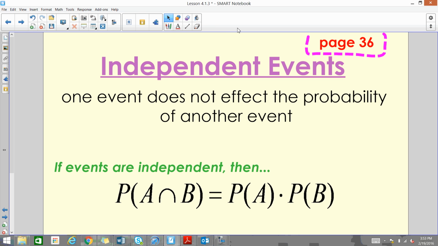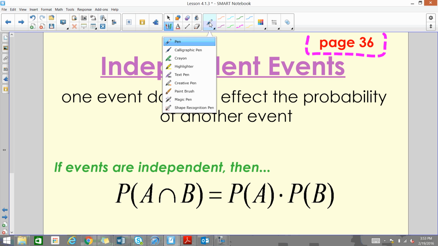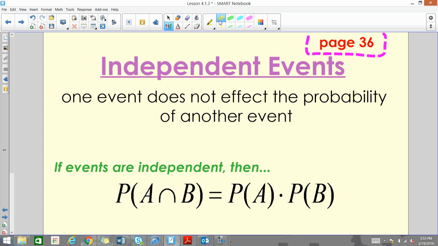Now, this formula right here, this is another formula that's going to be very important here. This is the independent events formula. So it's read like this.